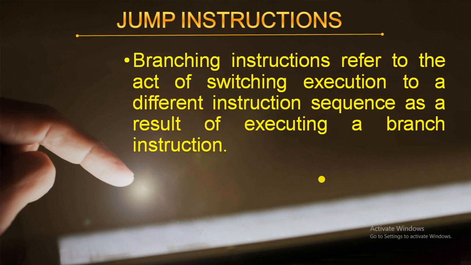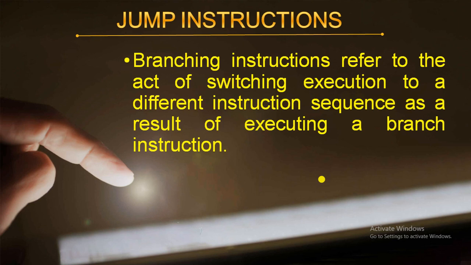Instructions are normally executed by the microprocessor in sequence from top to bottom. However, in many cases it becomes necessary to go to some remote instruction in the program according to a condition. In that case, branching instructions are necessary.